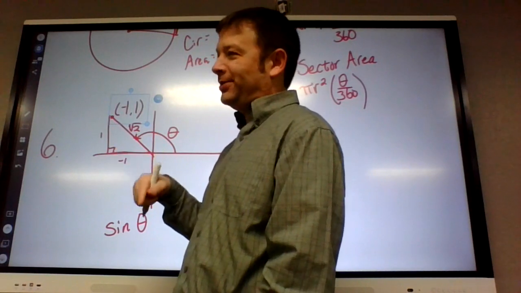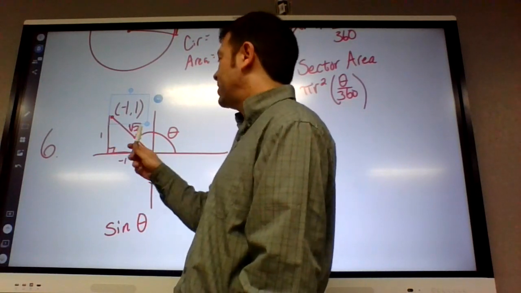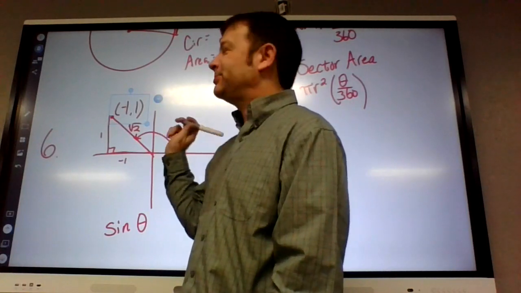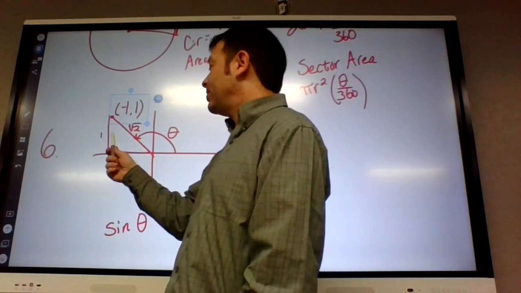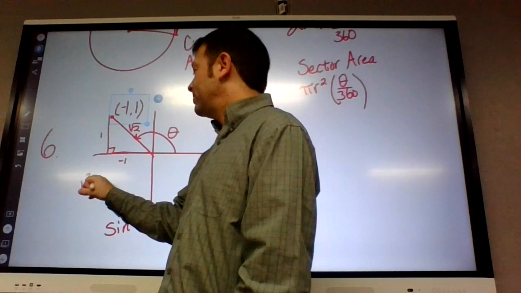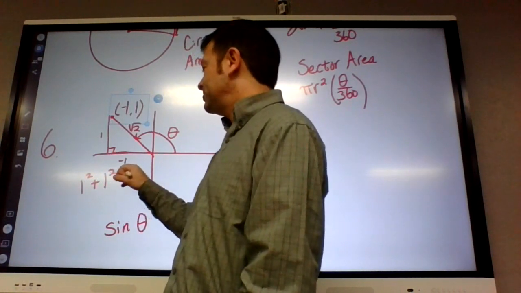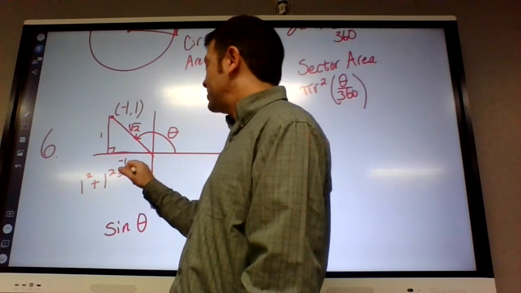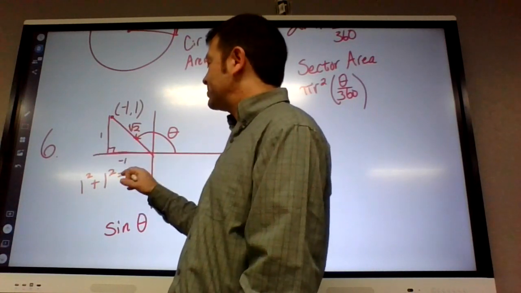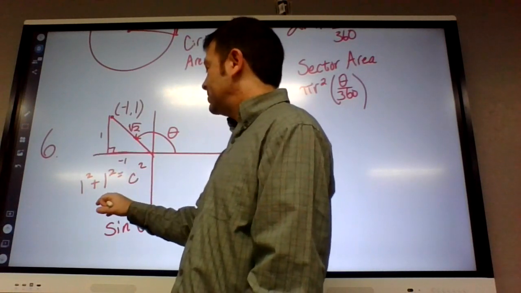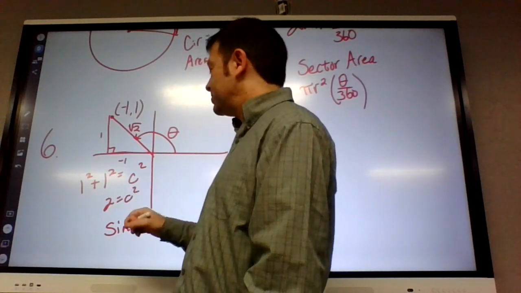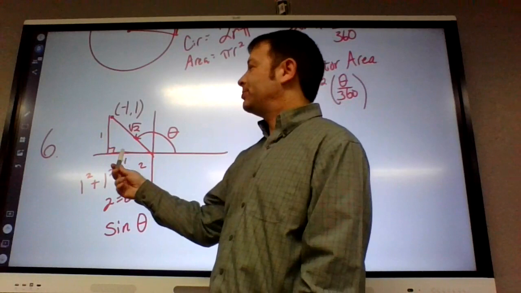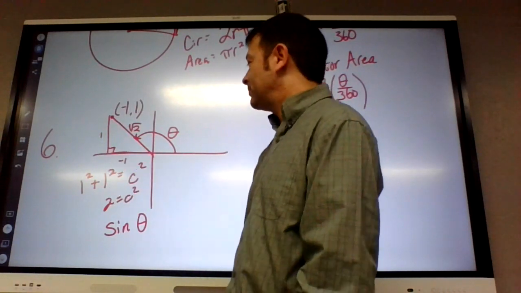How did he know it was square root of 2? The special triangle. Also Pythagorean theorem. Like 1 squared, yeah. Okay, so it's a squared plus b squared equals c squared, and you get c squared is 2, so c is the square root of 2. But yeah, he used his memory of special triangles, 45, 45, 90.